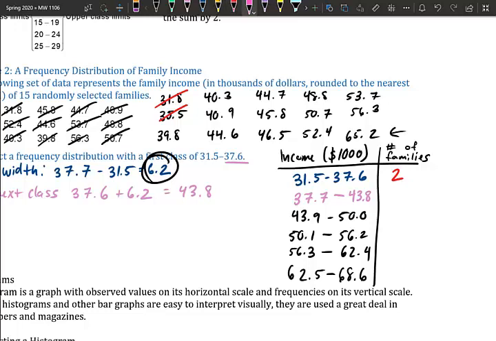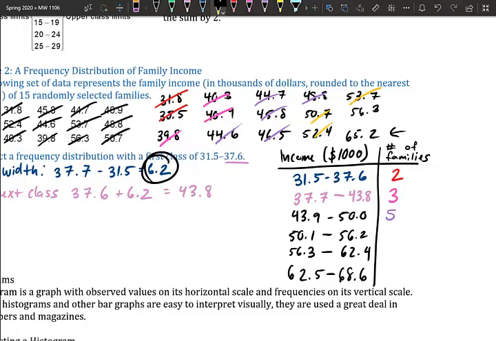Our next one, we have 37.7 to 43.8, and we have 3 of them. Our next is 43.9 to 50. So we have any number between 43.9 and 50, and that is 5 of them. Now we move on to our next class, 50.1 to 56.2.